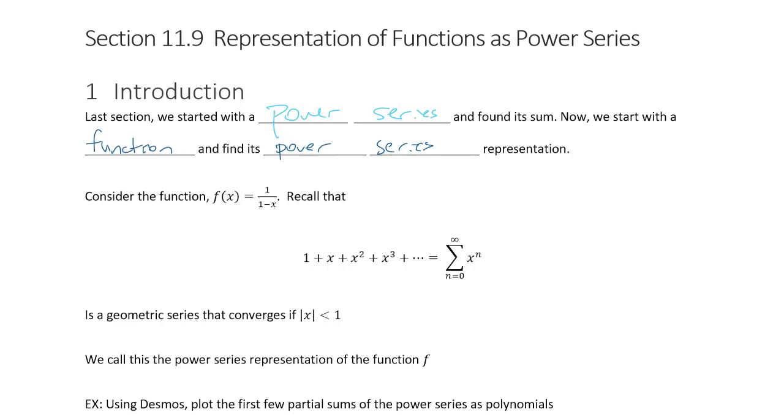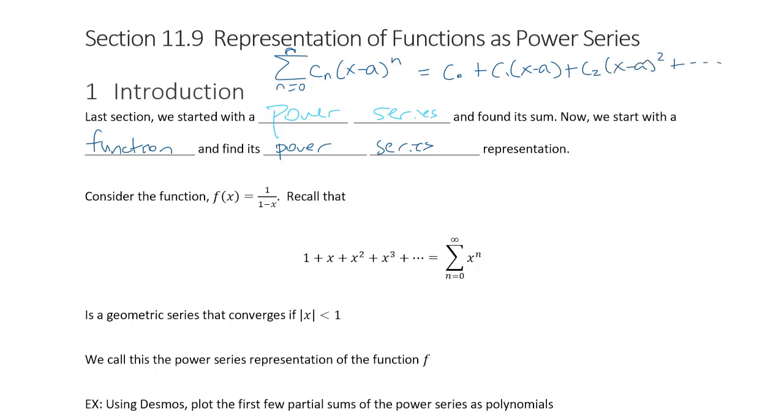And last time, when we were given a power series, we answered all kinds of questions. Just to recall, a power series looks like this. It's a sum from n equals 0 to infinity of c sub n times (x minus a) to the nth power. It looks like c0 plus c1 times (x minus a) plus c2 times (x minus a) squared, and so on.